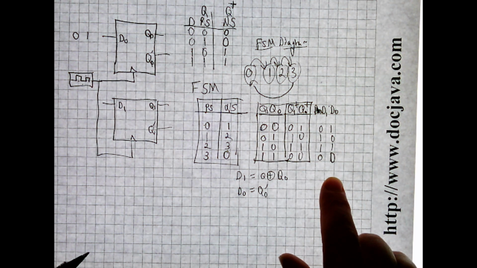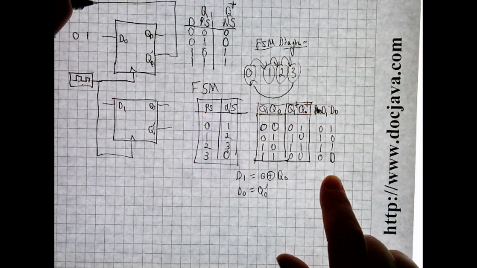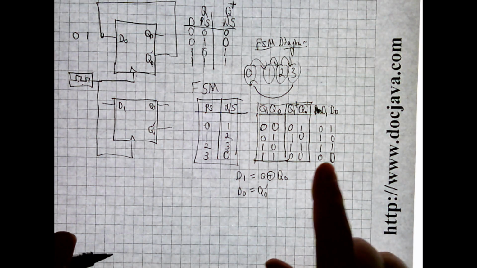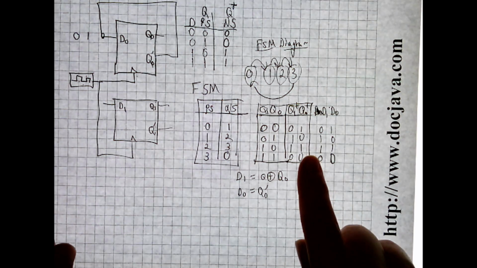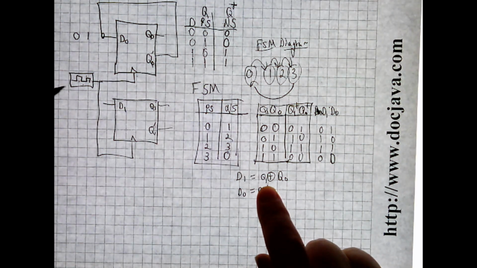So what we'll do is we'll say if D0 equals Q0 prime, take Q0 prime and run it into D0. And then it says here, if D1 has got to be equal to exclusive OR between Q1 and Q0, then get your exclusive OR gate out.